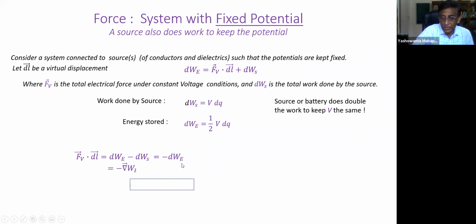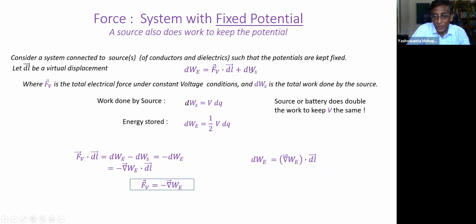Again, I do the comparison, I can write this in terms of the gradient of the total energy, dE minus grad E dot dl. dl is arbitrary, and this is the mathematical expression, and hence my conclusion is the same. The force under constant voltage is minus gradient of WE, and it came out the same as the constant charge method, provided you took the work done by the source into account.